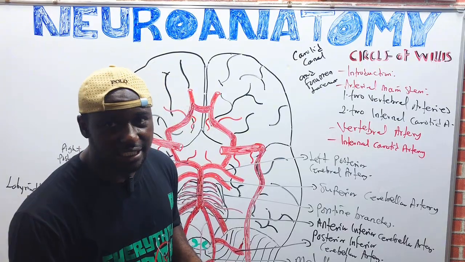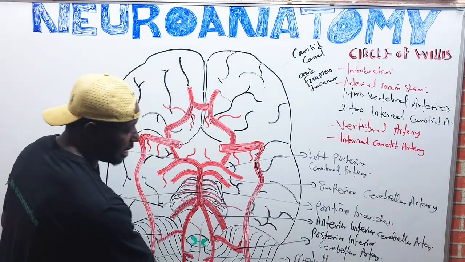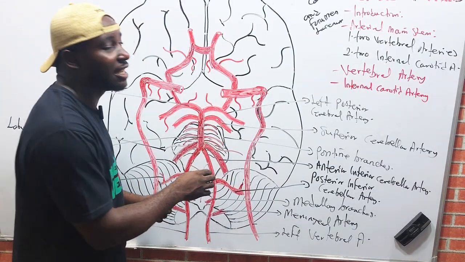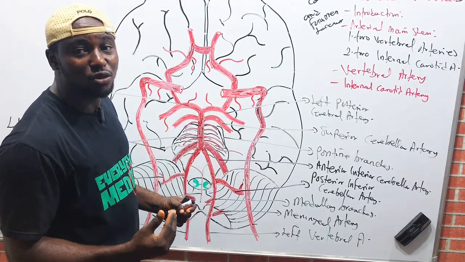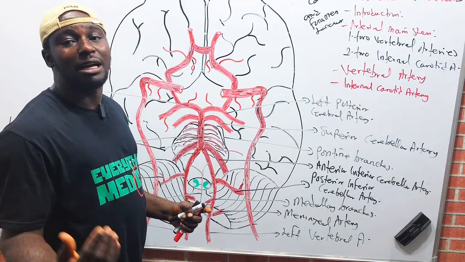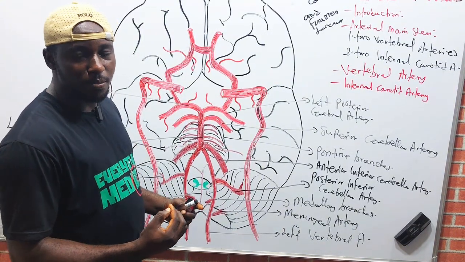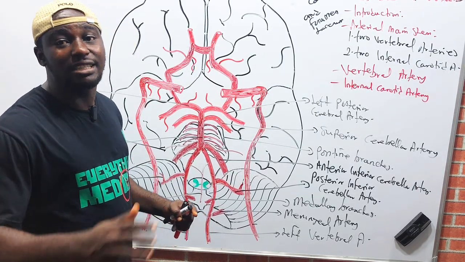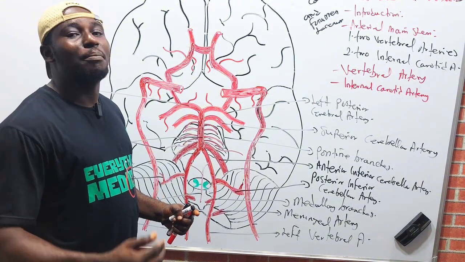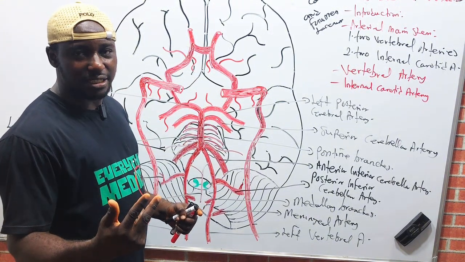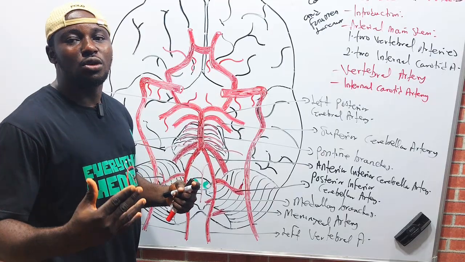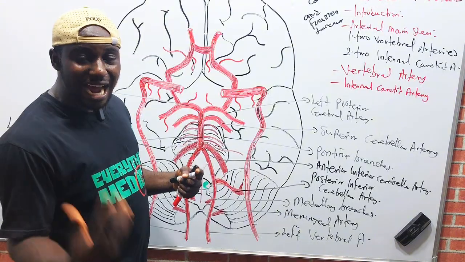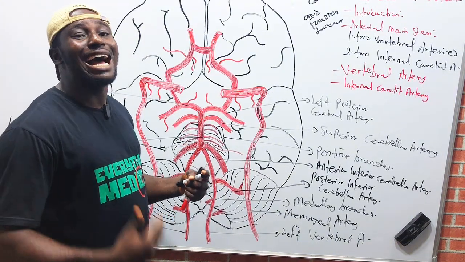So these are the 2 branches that the internal carotid artery gives off as it enters the cranial cavity by passing through the carotid canal and the superior part of the foramen lacerum. Remember that it takes a sinus course through the cavernous sinuses, where it ends immediately, right? Thereby giving 2 branches: the larger middle cerebral artery and the smaller anterior cerebral artery.